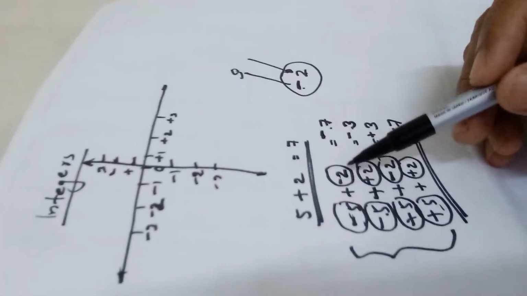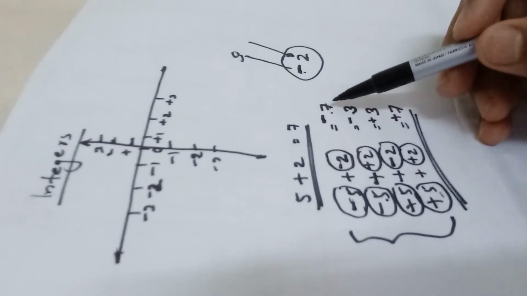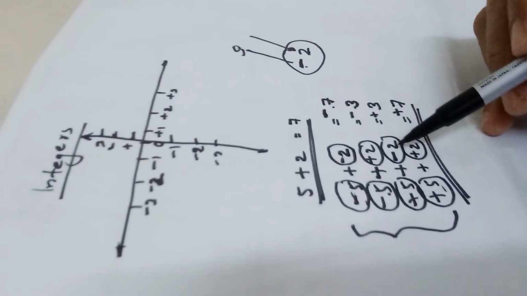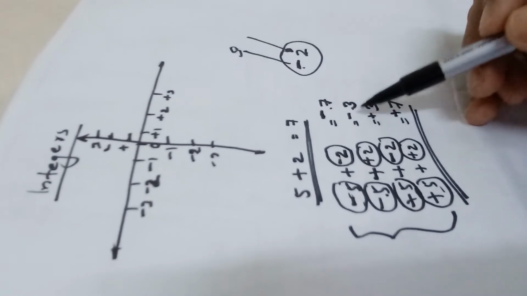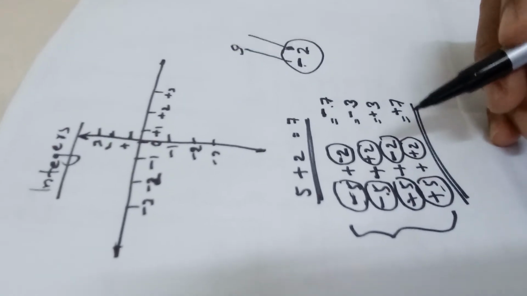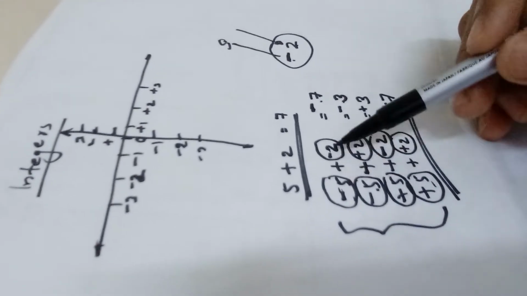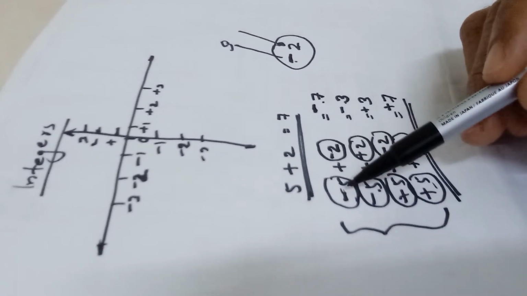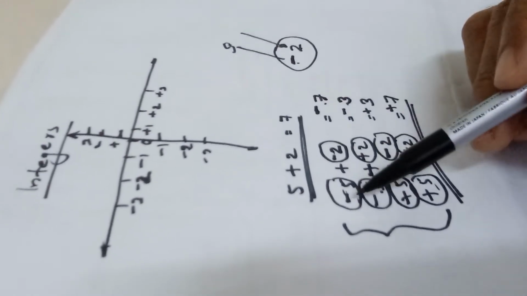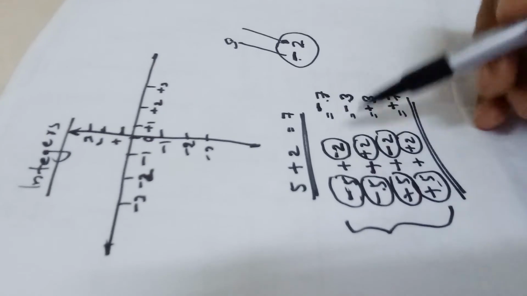So if two numbers have the same sign, add the numerical values to get the answer, and the sign of the answer is the same as the sign of the numbers.